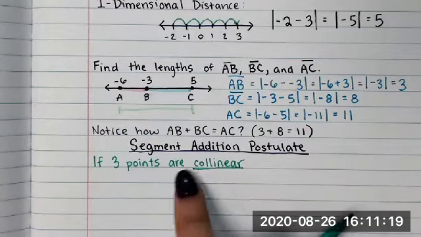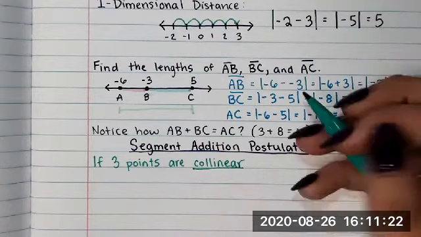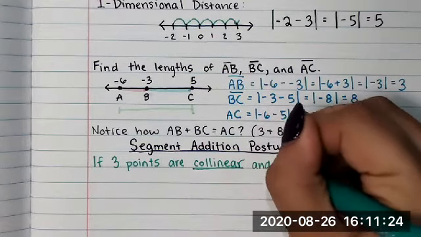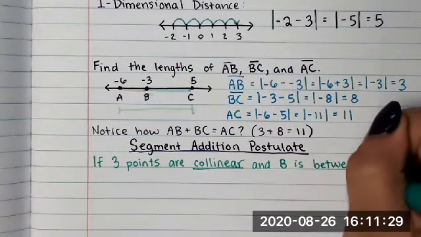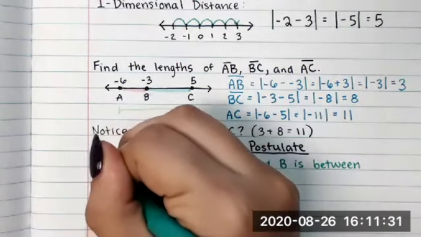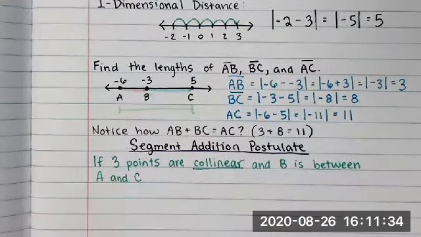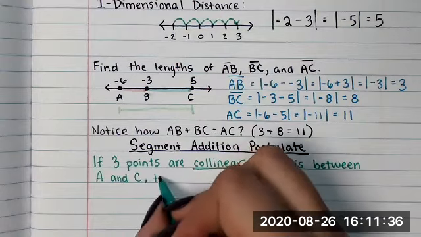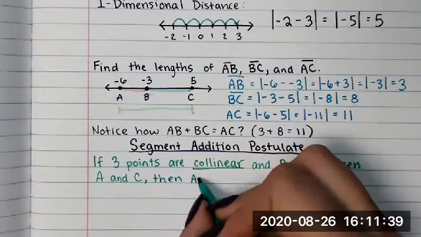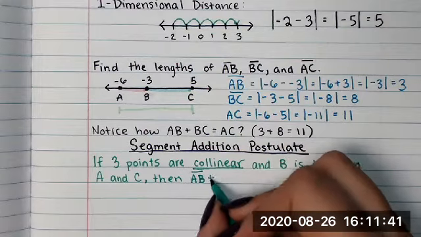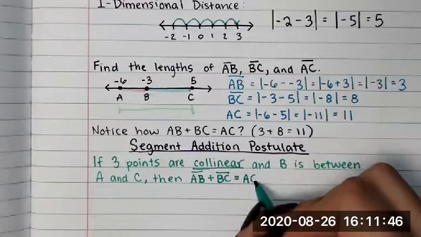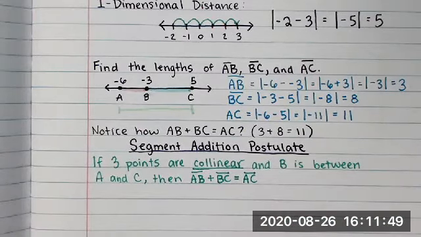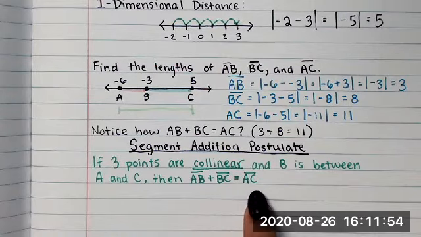That means if 3 points are together on a line, and B is between A and C, then AB plus BC equals AC. So essentially that's saying the two pieces can make up the whole.